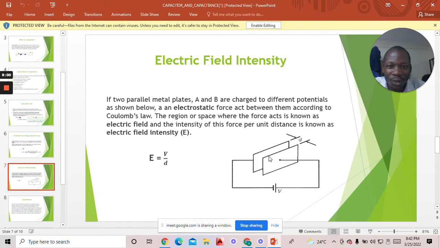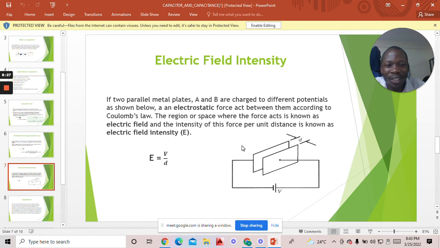The region or space between the plates or point charges where that force acts is what we call an electric field, and the intensity or strength of that force per unit distance is what we call electric field intensity.